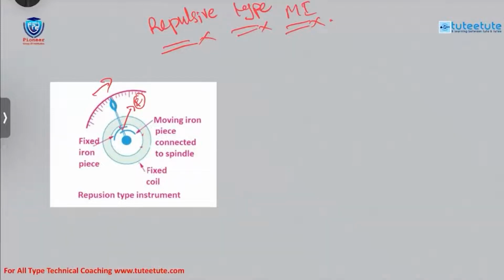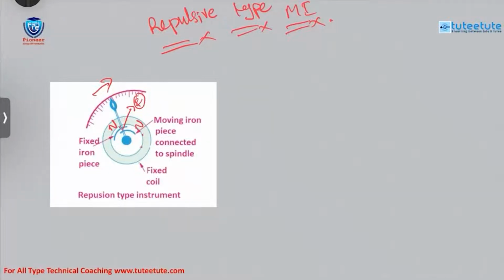How it is going to happen: we wind the coil inside the instrument such that the fixed plate forms, let's take, a north pole, and this moving iron piece also forms a north pole. That means same poles are formed.